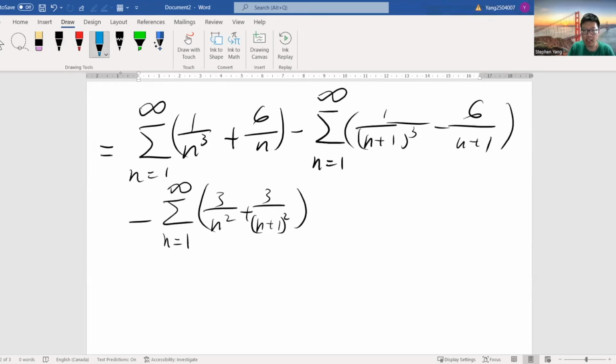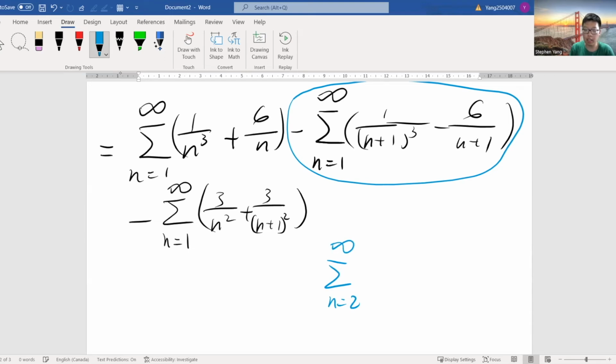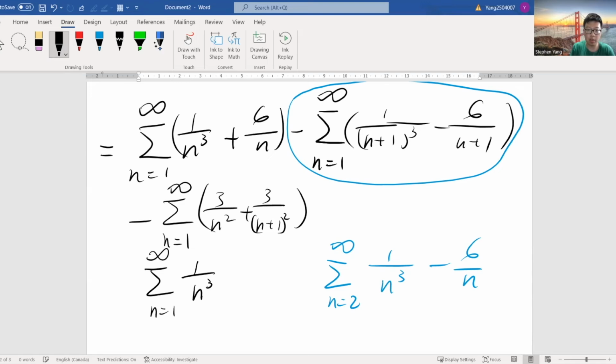Now for the first two terms that we're subtracting, this can be easily simplified: the shifted sum is from n equal to 2 to infinity of 1 over n cubed plus 6 over n. We can drop the first term down, and as n approaches infinity, the terms we're adding up go to 0.